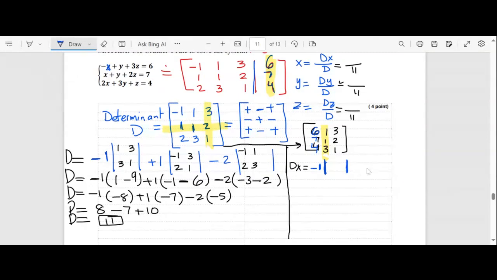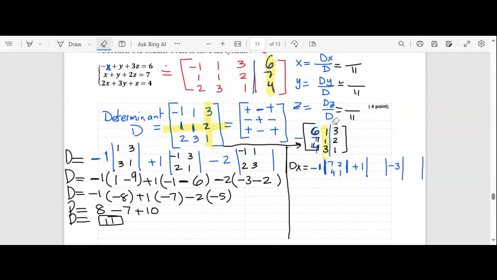And then the second one is what? +1, 1 and make the determinant. And -2. And then -3, and make the determinant. So if you hide the row and hide the column, what's left? 7, 2, 4, 1.